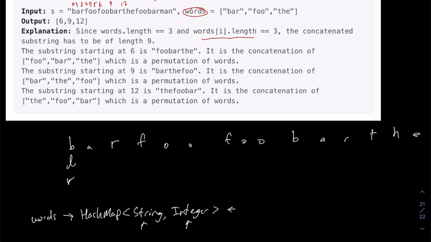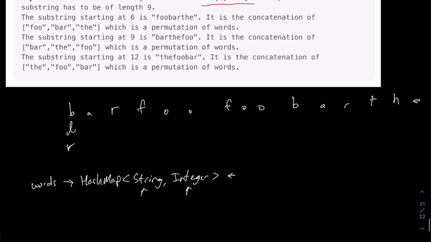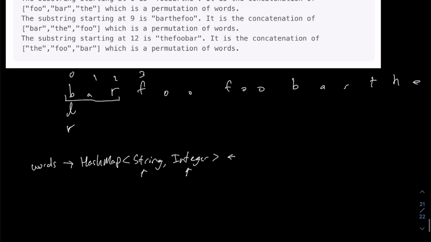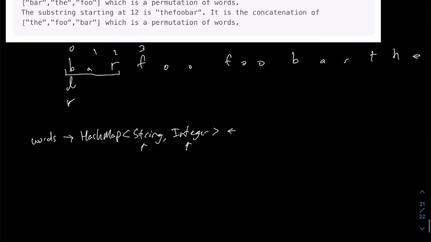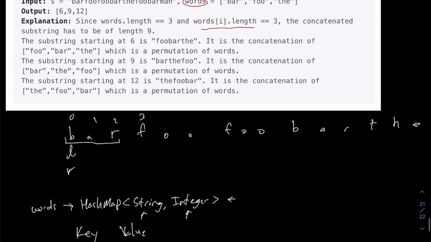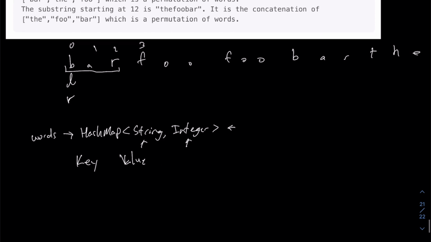then we know we're good. Then we can add that index. So now here, if we increment by 3, we start at index 0. We look at this substring right here from 0 to 3, or 0 to 2, and we ask, is bar in our hash map? Our hash map in the very beginning will look like this.